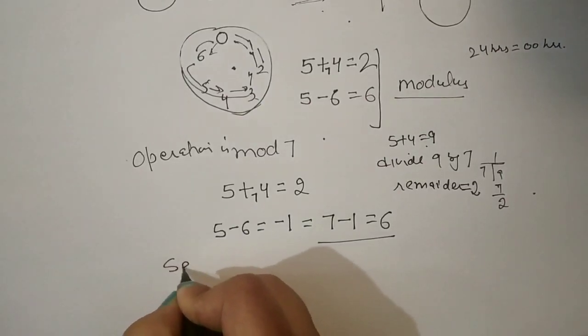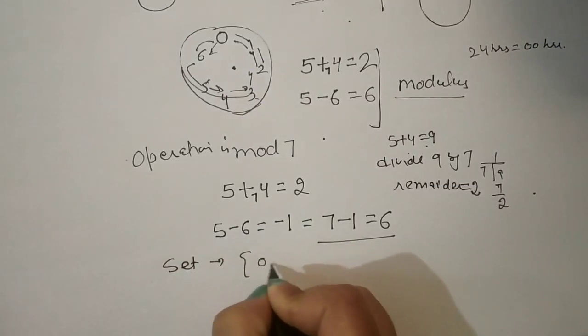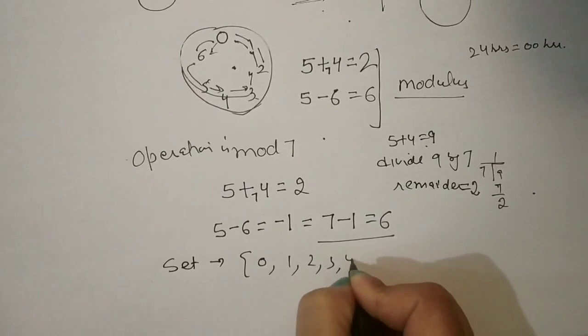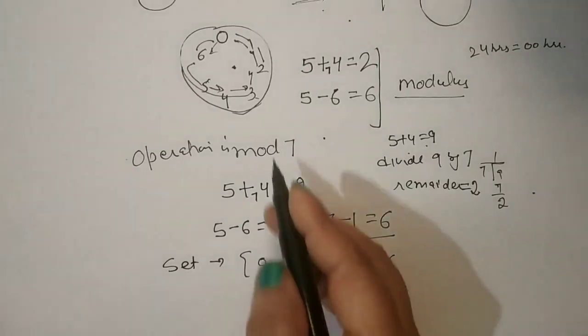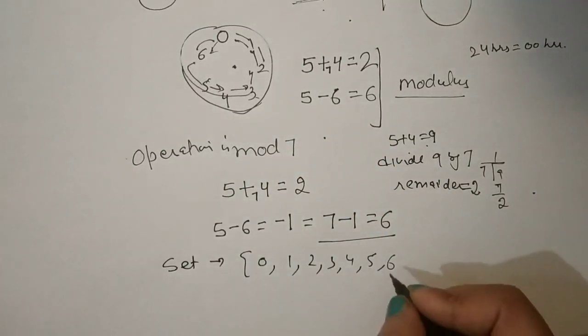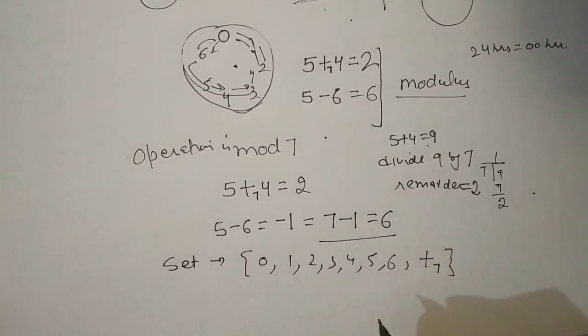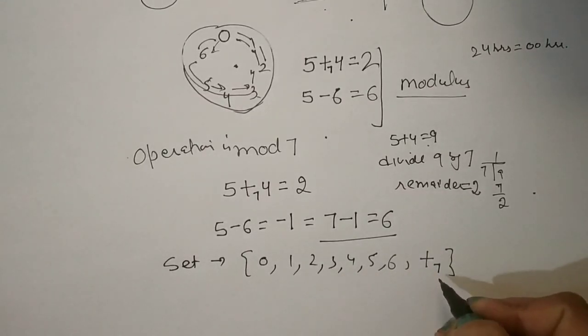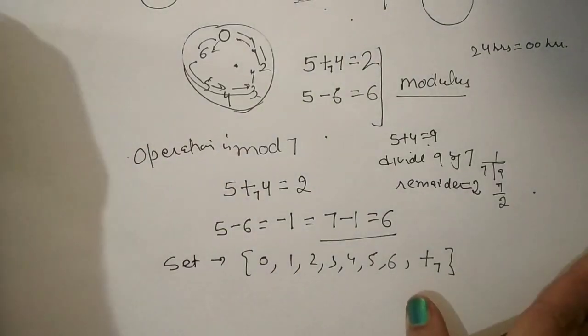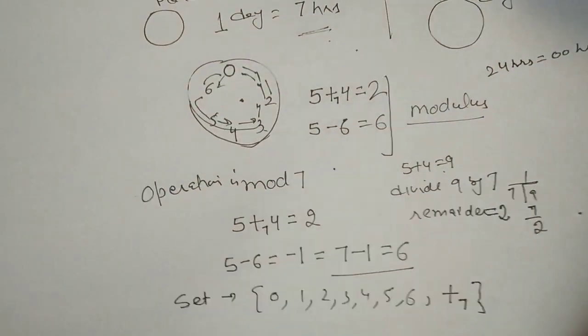Now our set is 0, 1, 2, 3, 4, 5, 6, up to 6 elements we have. And the operation is addition modulo 7. Now we will check whether this set is a group or not. How will we check? We will check it by making a composition table. Let us now make a composition table here.